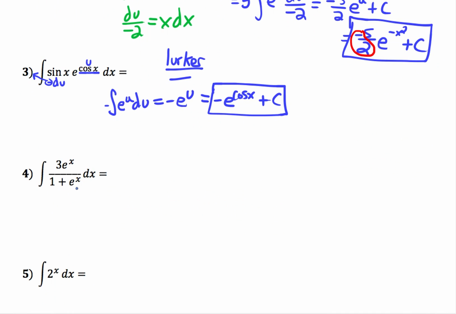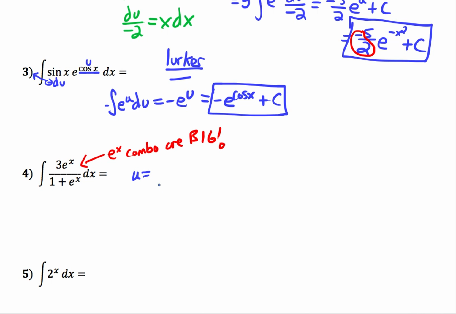Alright, let's look at 2 more before we call it quits for today. So this guy, I think we're going to see lots of integrals with different combinations of e to the x. These e to the x combo type of integrals are big. They are important as we move into Calc 2, so pay extra attention to these ones. You might not know what u is on this one right away, so I'm going to guess it to hurry this video up.